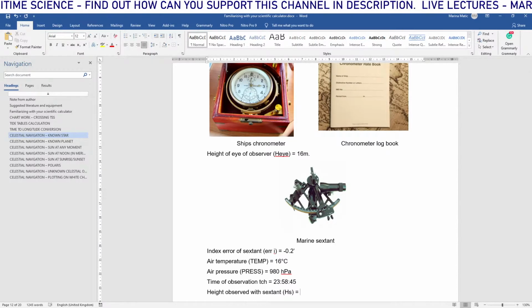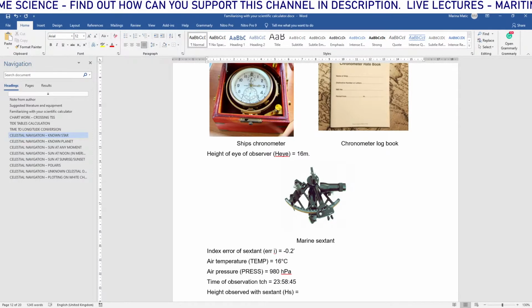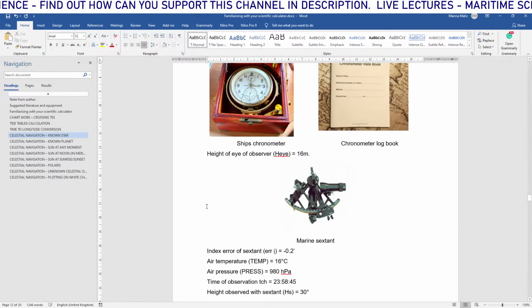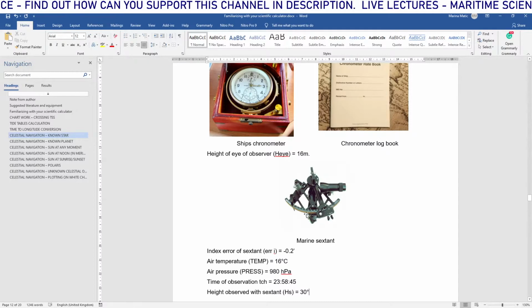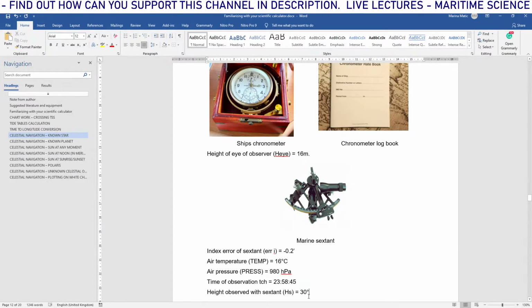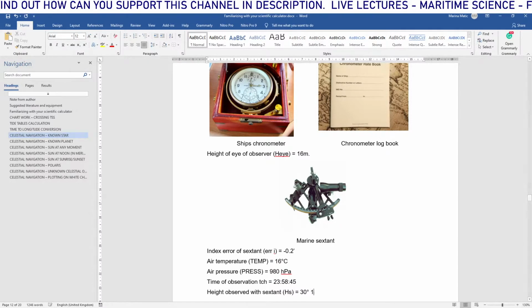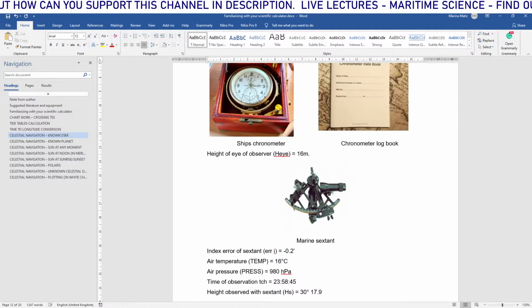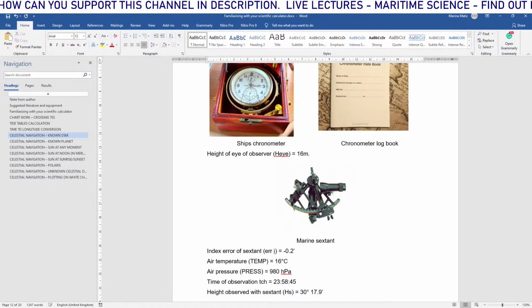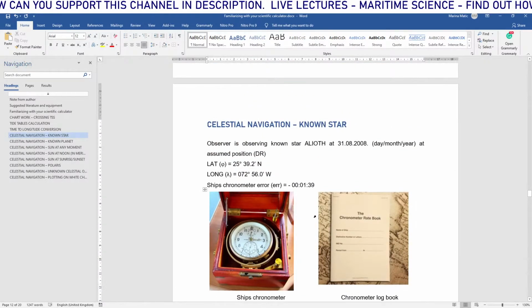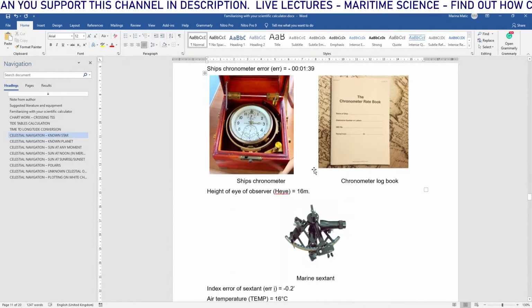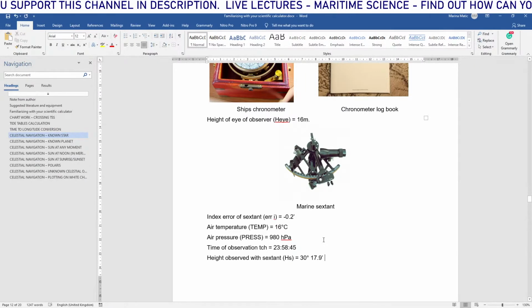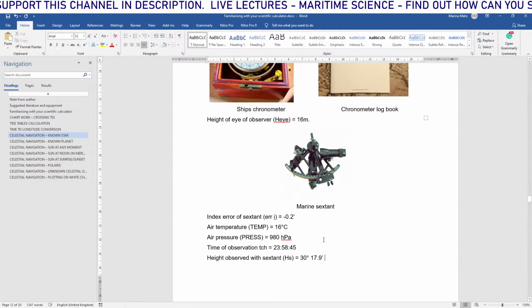So let's move on. Height observed with sextant is 30 degrees 17.9 minutes. This is the height I actually measured with this device, and it is how high the star Alioth is from my eye horizon, not the actual sea horizon, because I didn't jump in water.